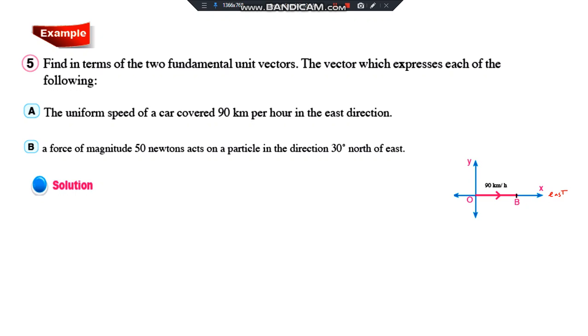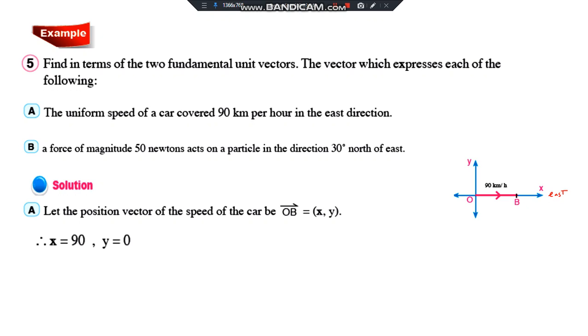So we have 90 km, which we can write as the directed line segment OB, represented by x and y. So x equals 90 and y equals 0 because we move along a horizontal line. So we can write the vector B as 90i plus 0j, which is 0. So the vector B is represented by 90i.